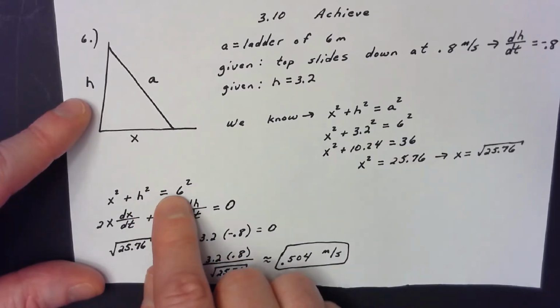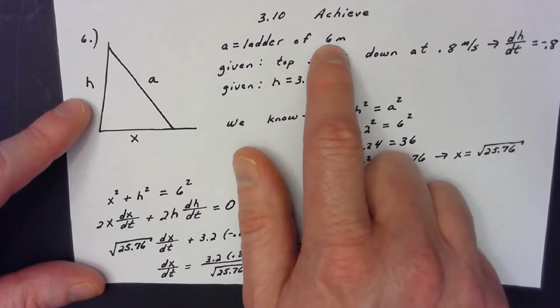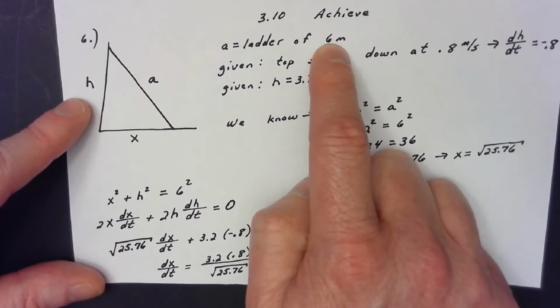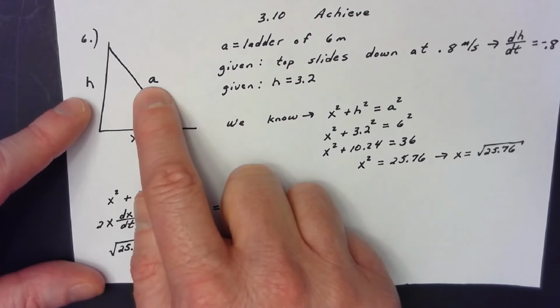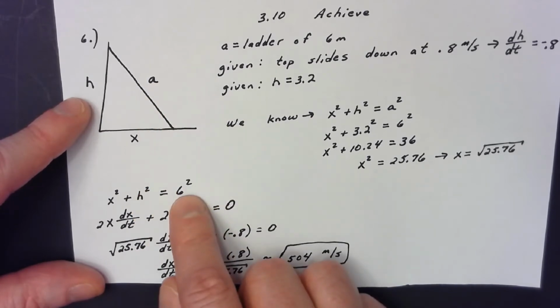I said, well, a squared is just 6 squared. Why? Because just like I started off the problem saying, the length of that ladder is not changing in this problem. There's no reason to even call it a variable. We could have just put a 6 there. The only reason I have an A labeled there is because that's how the problem was drawn out on Achieve. But that is not varying.